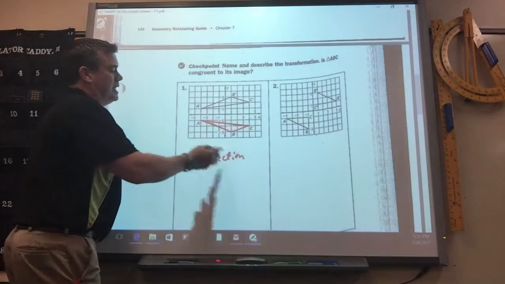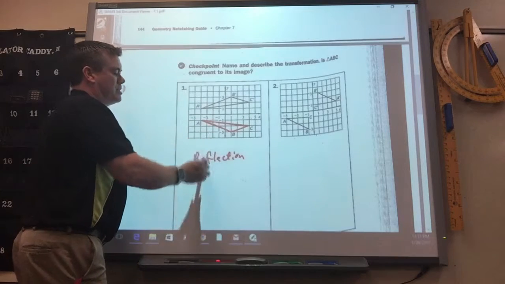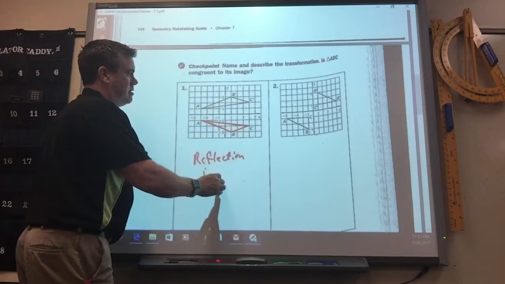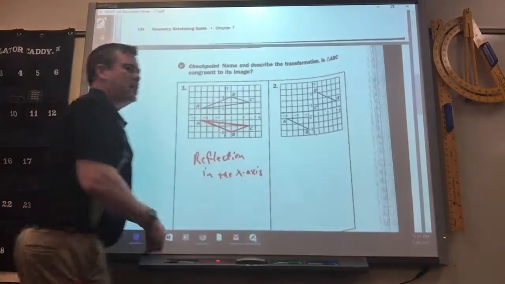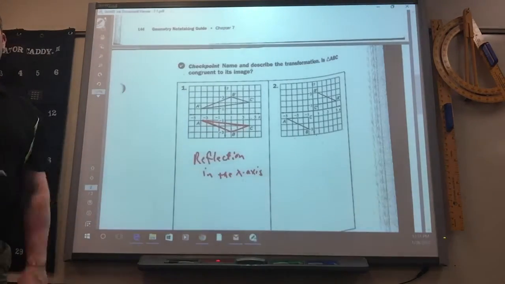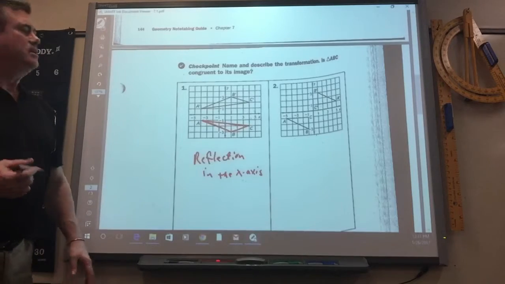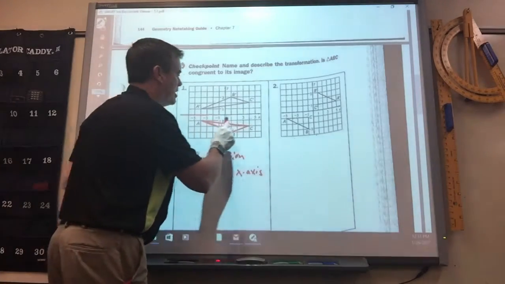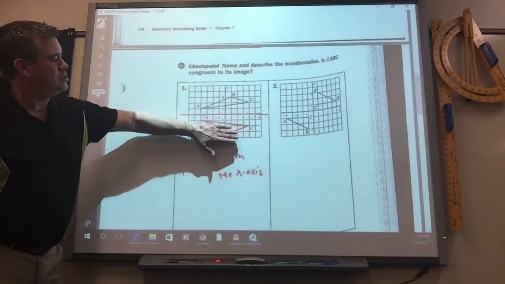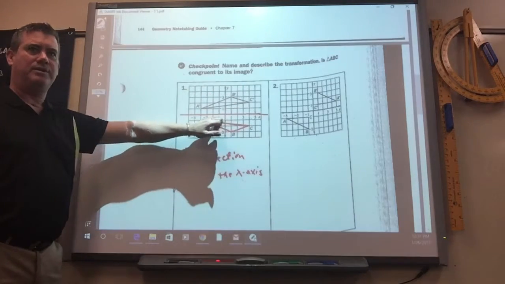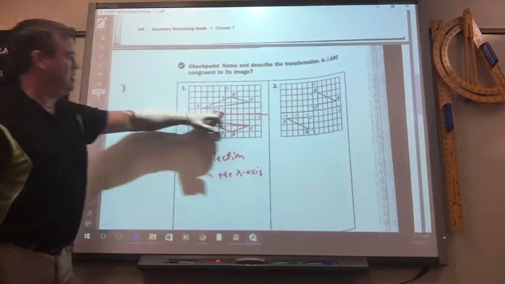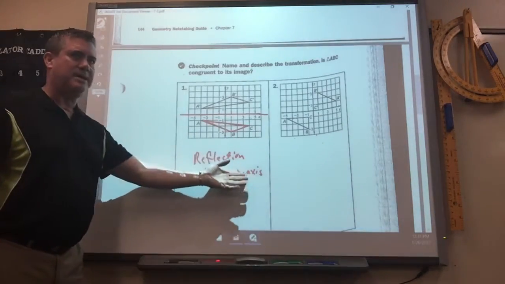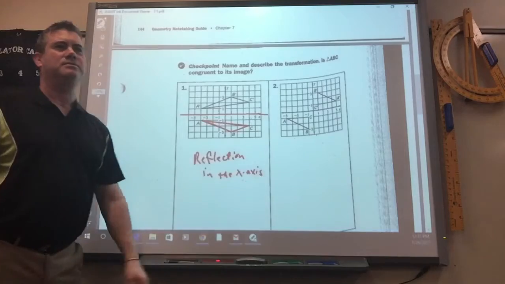If we describe it, it's a reflection in the x-axis. They don't say over, they say in. It's like when you look in a mirror. If I drew this line right there, that's the line of symmetry. This would fold onto that if you folded it right there. That's why they say it's flipped over the x-axis, so they say in the x-axis.